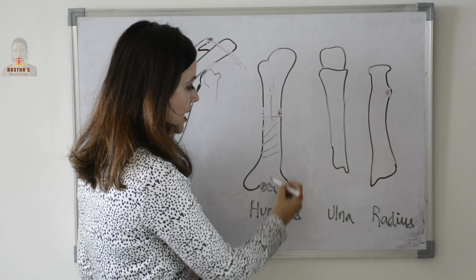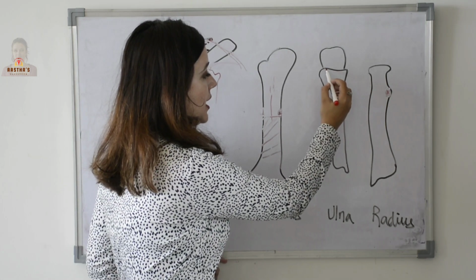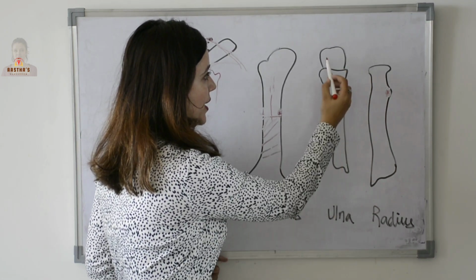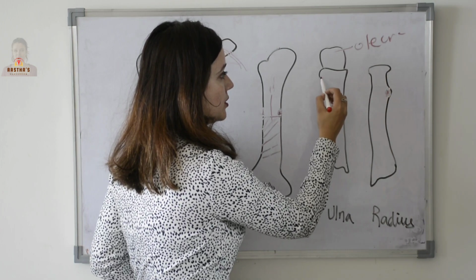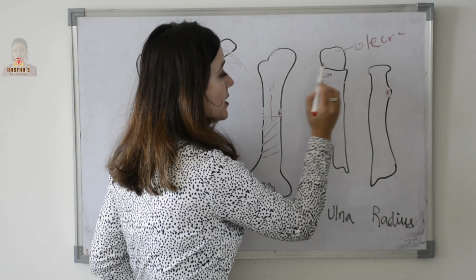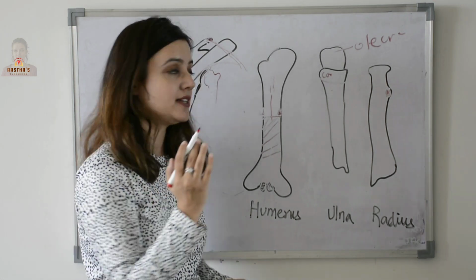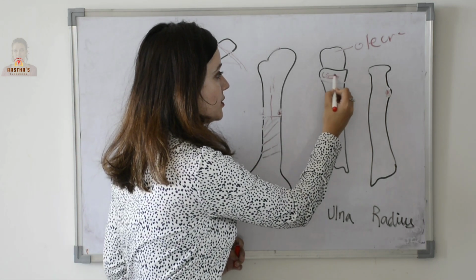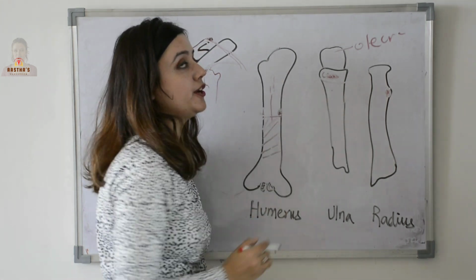It crosses the elbow joint and gets inserted in the ulna. Now this is ulna, where this is the olecranon process of ulna and this is the coronoid process of ulna. So this muscle brachialis gets inserted in the anterior surface of the coronoid process.